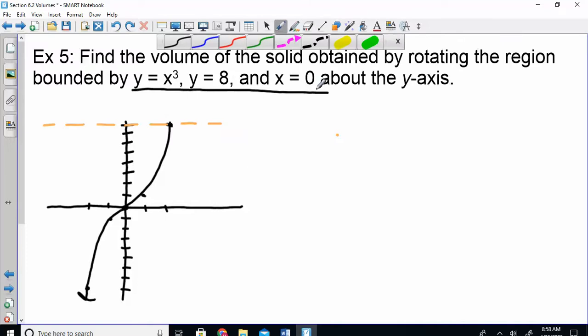What is x equals 0? That's a vertical line here. And this is a typo. That's supposed to say the x-axis. Sorry about that. So x equals 0 is this vertical line, and the x-axis. So that means I'm not talking about this piece down here.